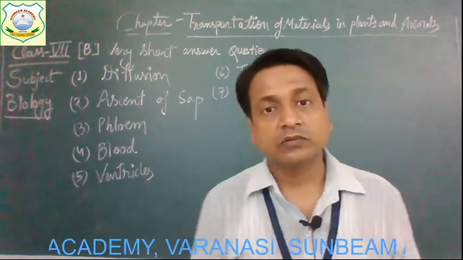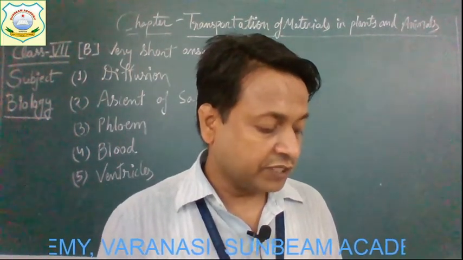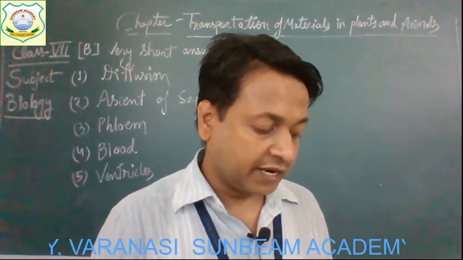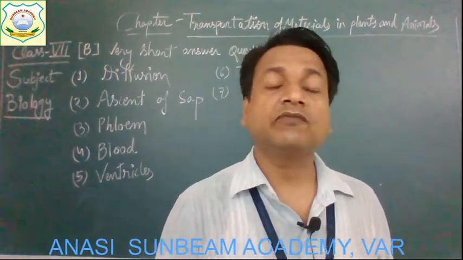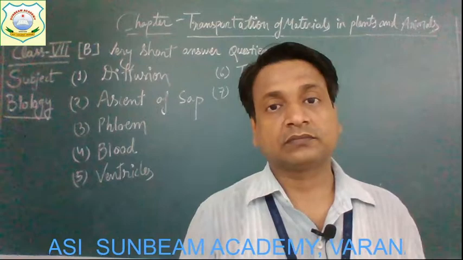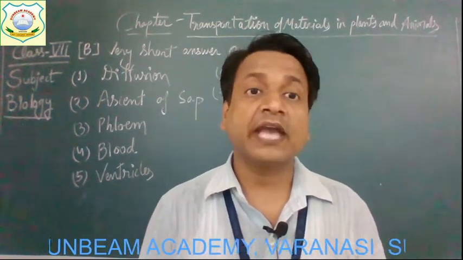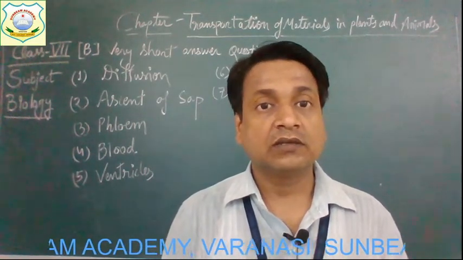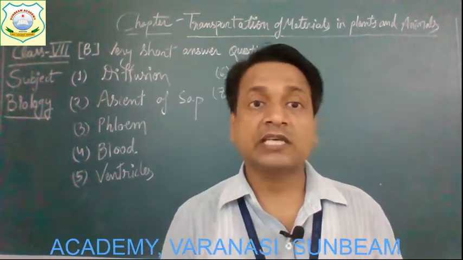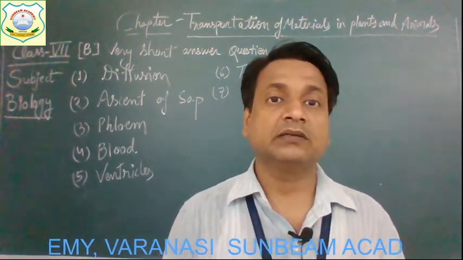Now question number 7: which protein present in red blood cells is responsible for the transportation of oxygen? Children, we know that our blood is responsible to carry oxygen as well as carbon dioxide. This oxygen is carried because of the presence of a protein in our blood.